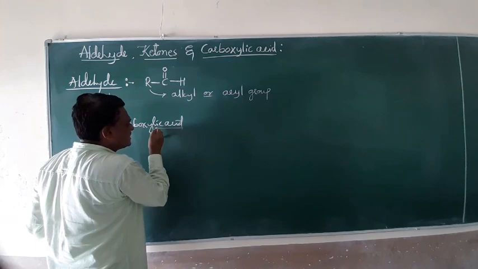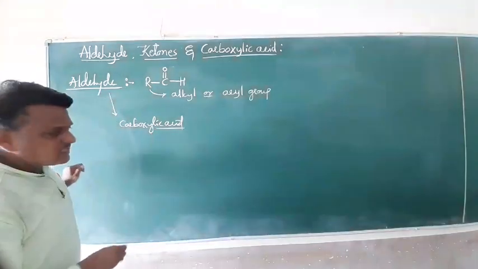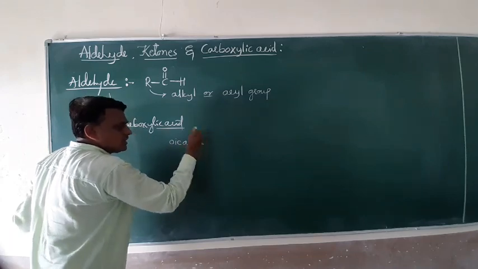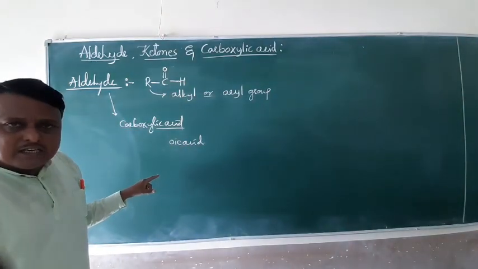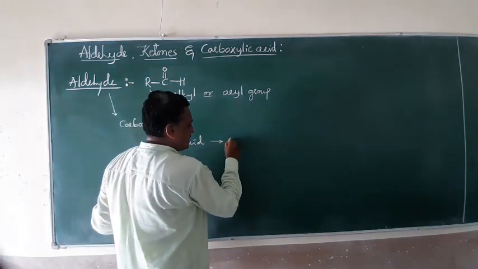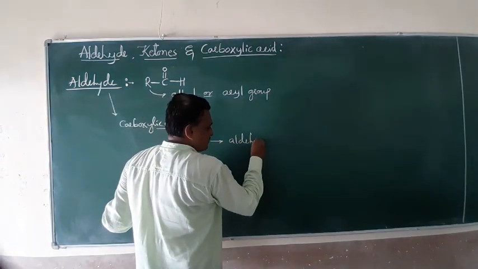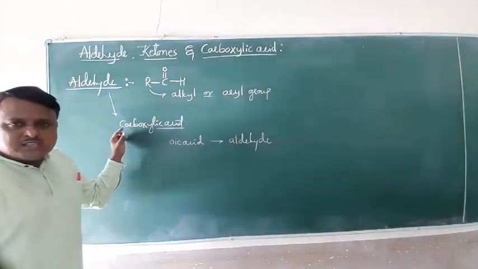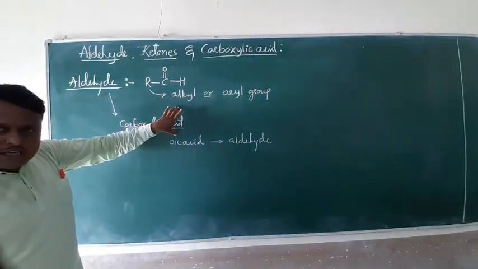The last letters, IC acid or OIC acid, of a carboxylic acid are replaced by the term aldehyde. Yes, aldehydes are derived from the carboxylic acid.